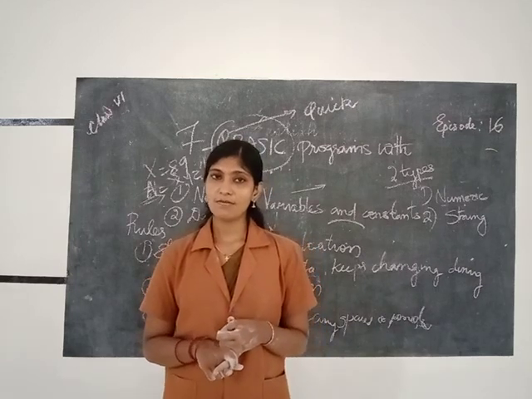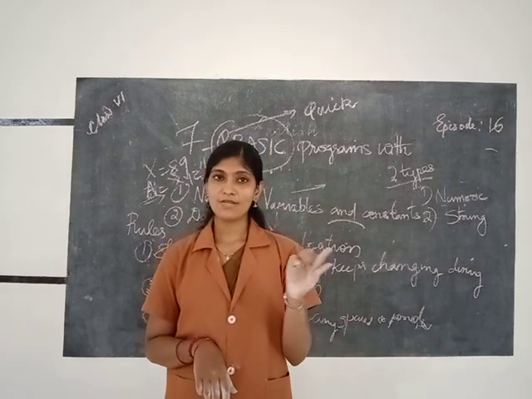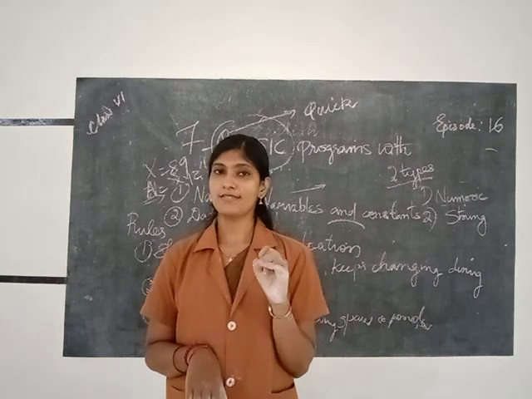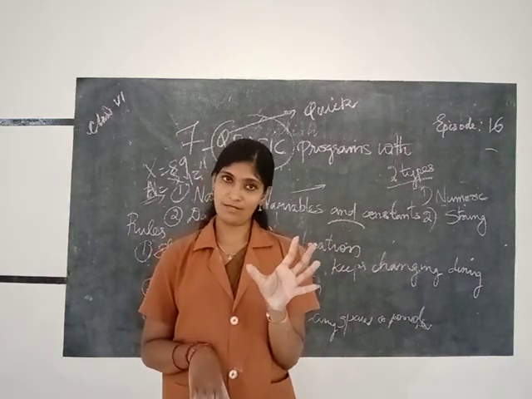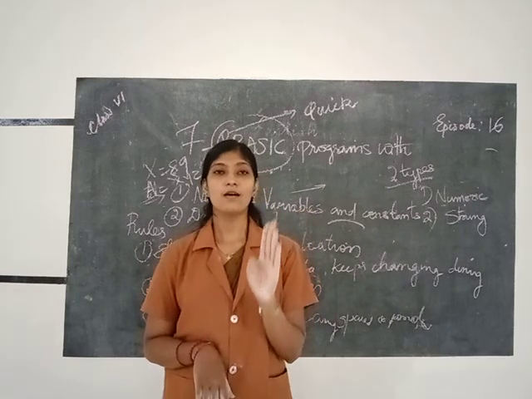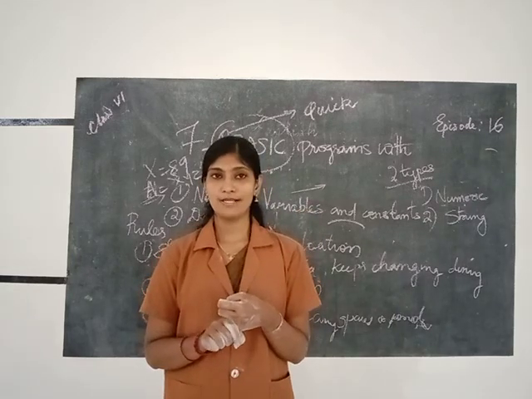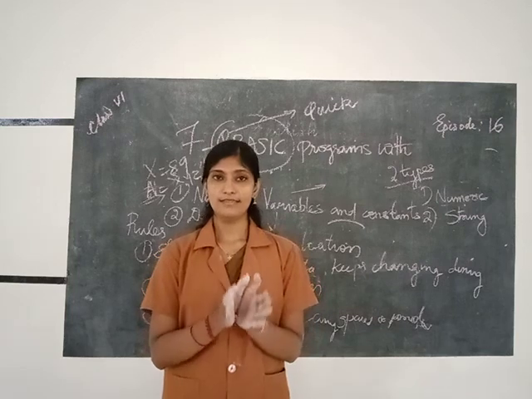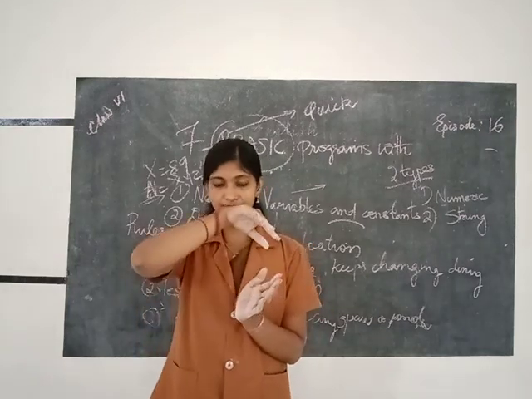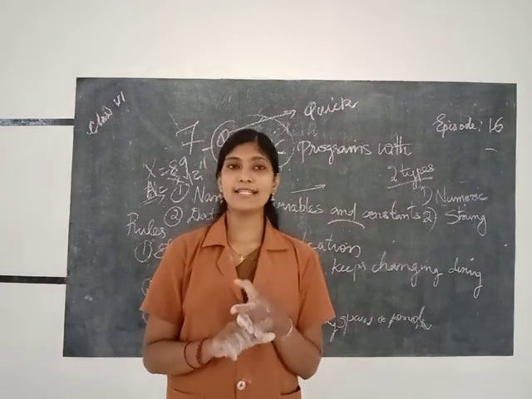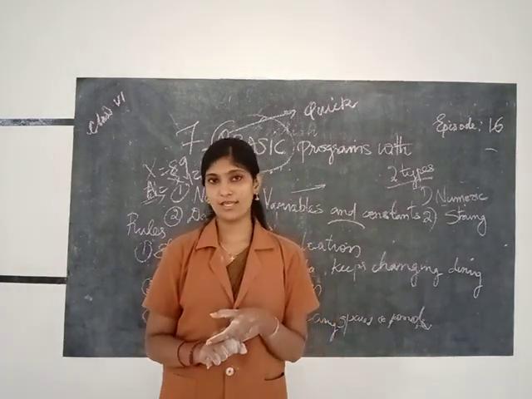A numeric variable is related to numbers, so x equal to 18 is a simple example. The second type is string variable, which must be included within the quotes.